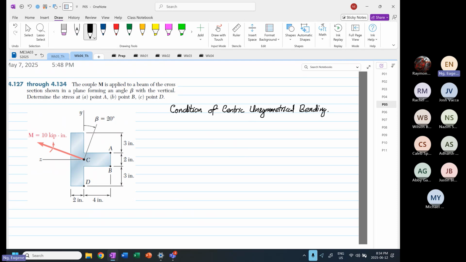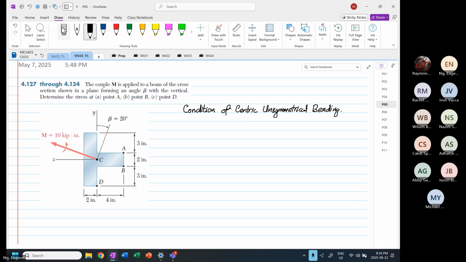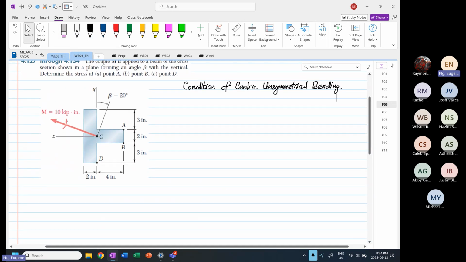We have a case of centric unsymmetrical bending, and why is that? Some of you might say, Eugene, what are we looking at now? Well, what we are looking at now is the cross-sectional view.